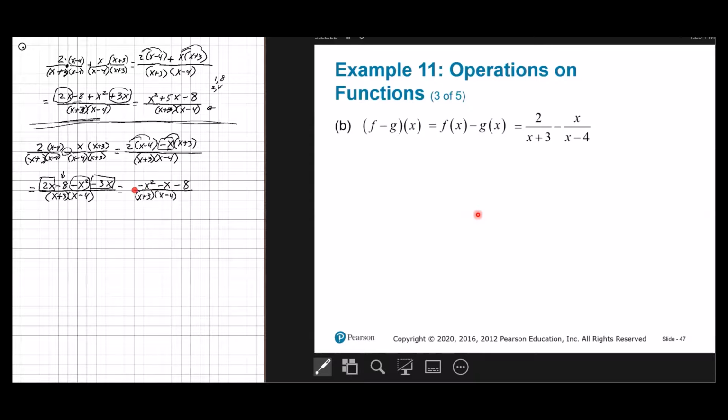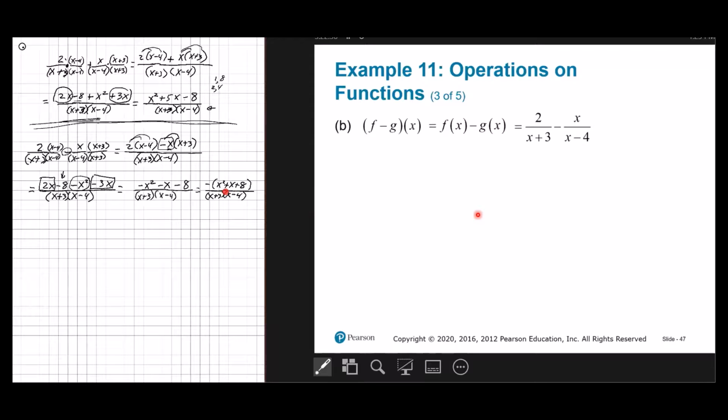Now right here, since my leading coefficient is negative on the x squared, I want to factor out the negative. So it's like factoring out -1 of all 3 terms. So that's going to be a negative times x squared plus x plus 8. And I'm still dividing by the x plus 3 times the x minus 4.